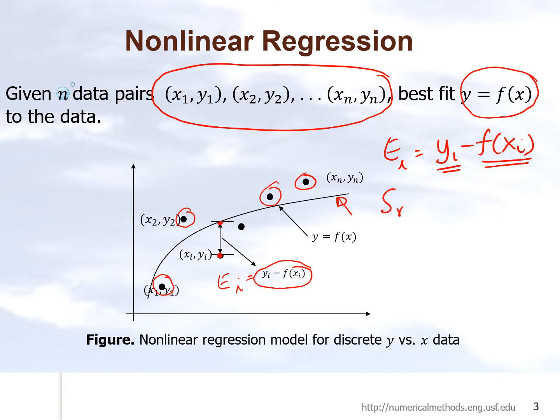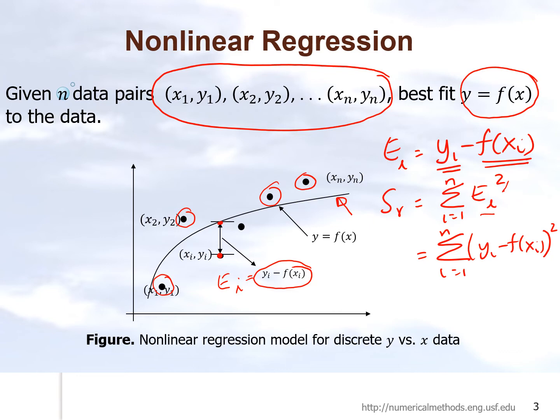And what we want to do is still the same thing. We want to minimize the sum of the square of the residuals, and that'll be summation i equals 1 to n of y sub i minus f of x sub i, whole square. That simply means we are taking each residual, squaring it, and then adding all of them up.